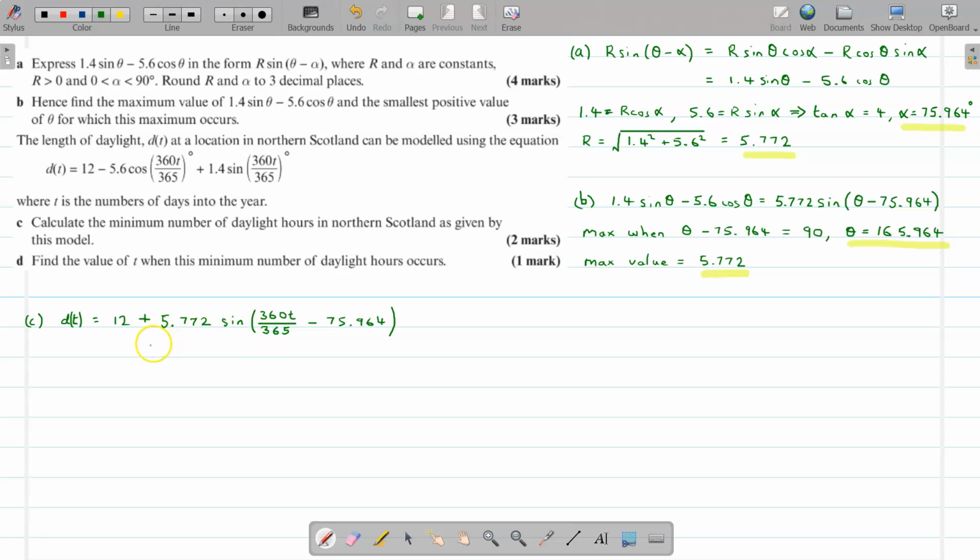Now the minimum is when this part here is as small as it can possibly be, and that occurs when the sine of this bracket is -1, and it's therefore going to leave us with 12 minus 5.772.